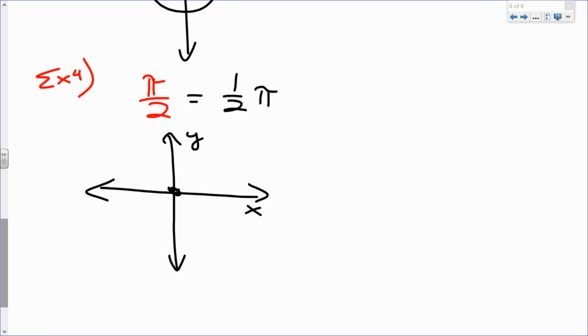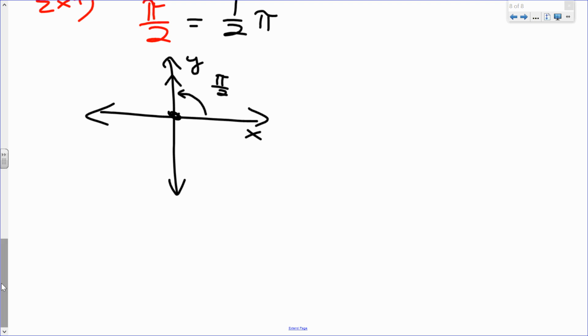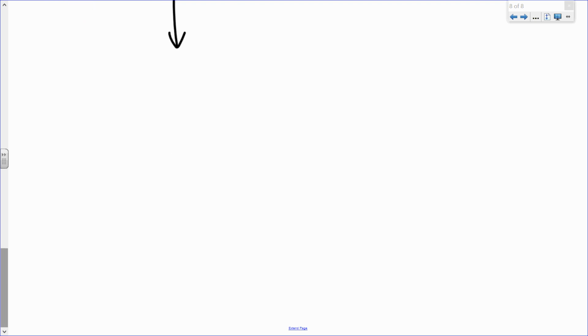Right. So it'd be a 90-degree angle, perpendicular angle. So go like this. This would be pi over 2 radians. Easy. Come on, guys, you with me?